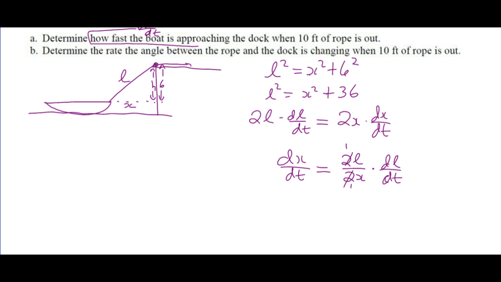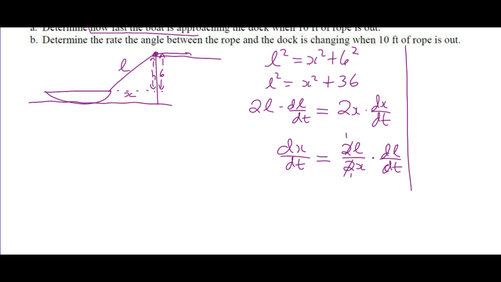Okay, the 2's go away. So we need L, we need x. Well, we know L because 10 feet of rope is out. We know dl by dt, right, because that was given. So we need to figure out what is x when L is 10.